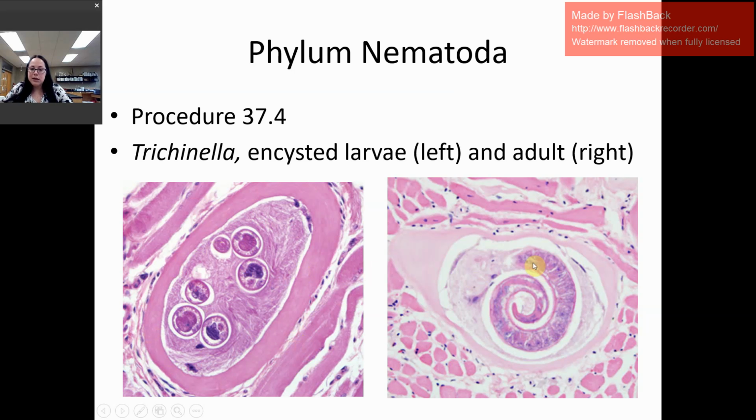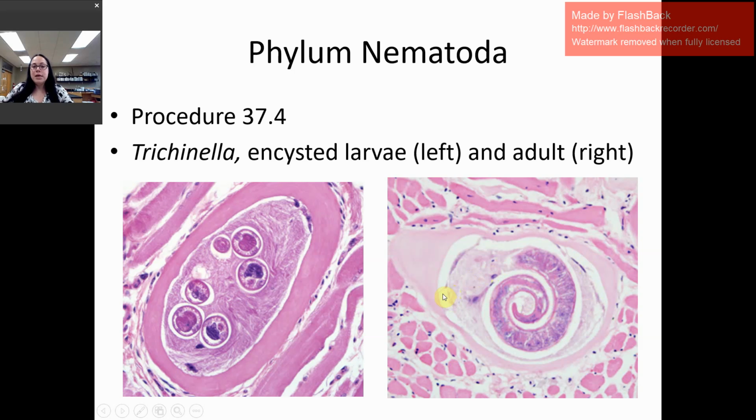This is just cut a little bit differently. You don't see a cross section of the worm. This is a single worm, just like that. This is multiple cross sections of the same worm, most likely. And this is one single worm, a longitudinal one. You can see not all of it, you miss a little bit of it here, but you can see a lot of it.